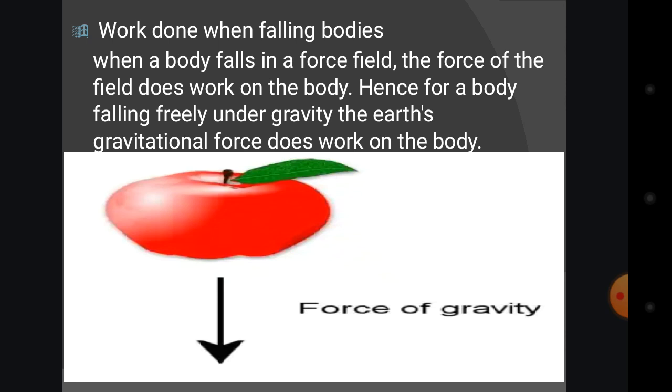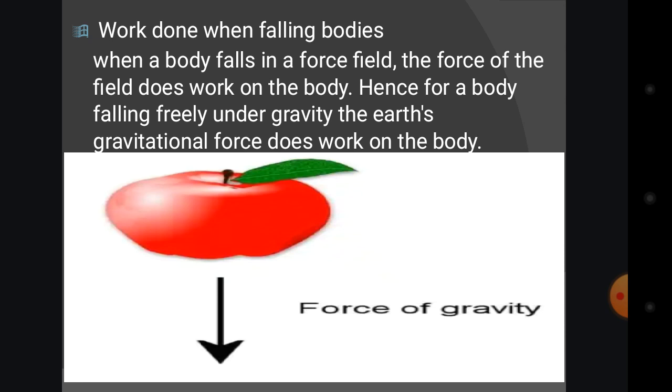That is why it says the gravitational force does work on the body. So you see, when a body falls in a force field, the force of the field does work on the body. It pushes that object or that particle or this apple to come down due to the force of gravity, due to the gravitational force that exists on the earth.